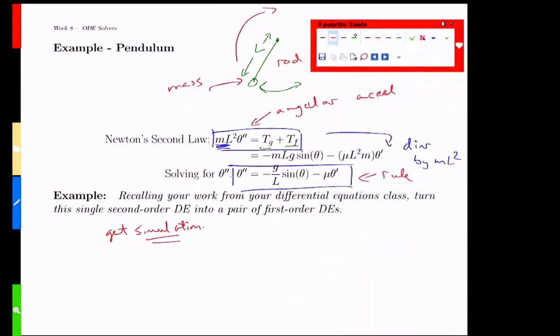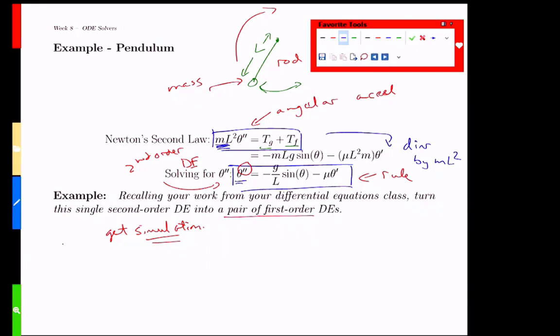Now, we're going to have to do an intermediate mathematical step before we do that, though. This is a second order DE, because it has two derivatives running around inside of it. If it has two derivatives running around inside of it, we have to do something funky with this. We're going to want to convert it to a pair of first-order differential equations.